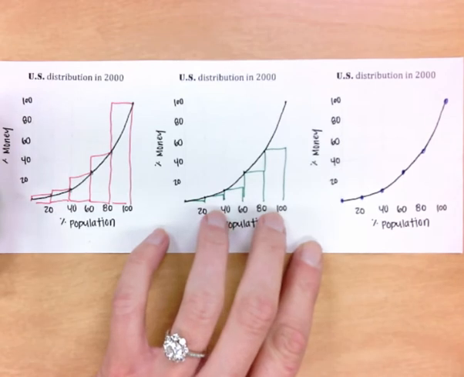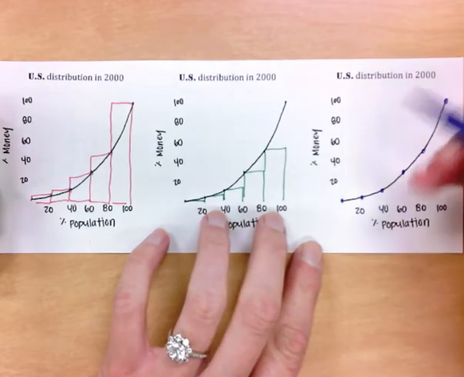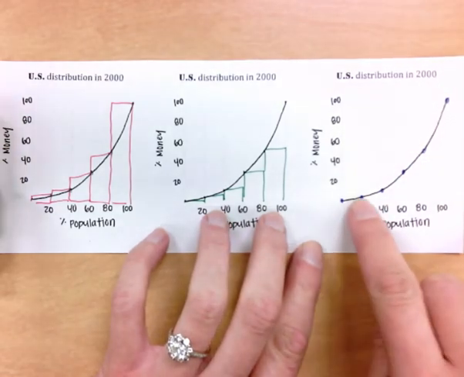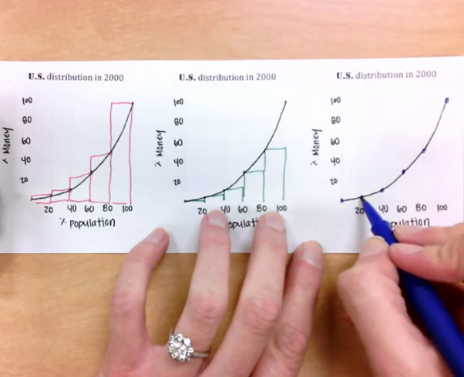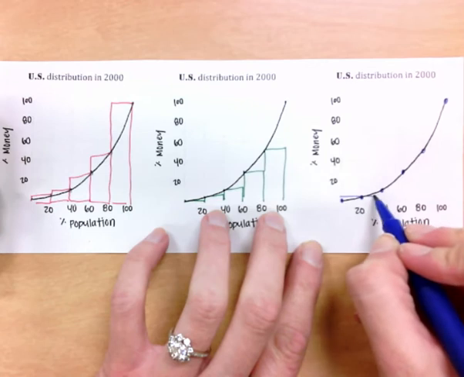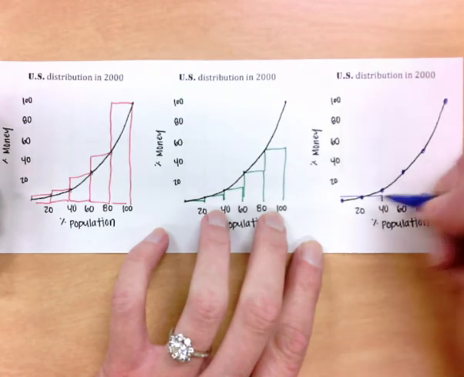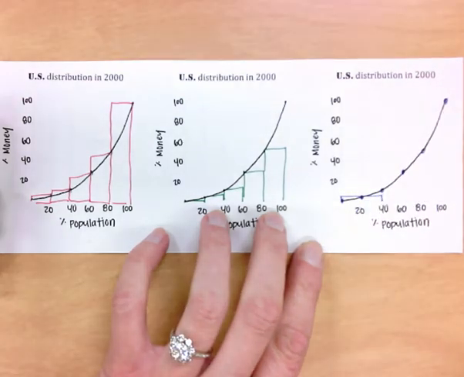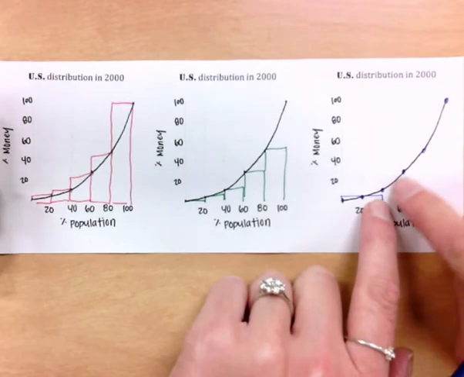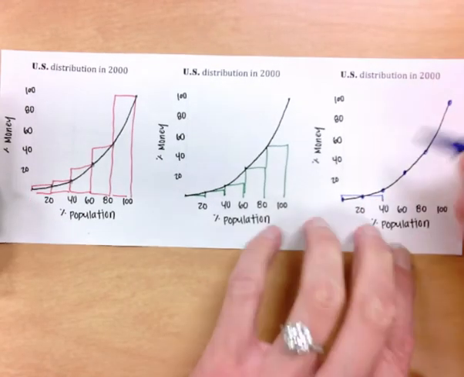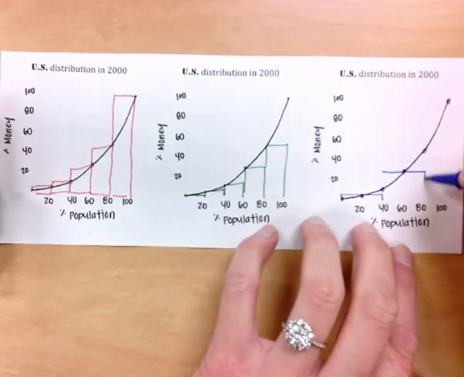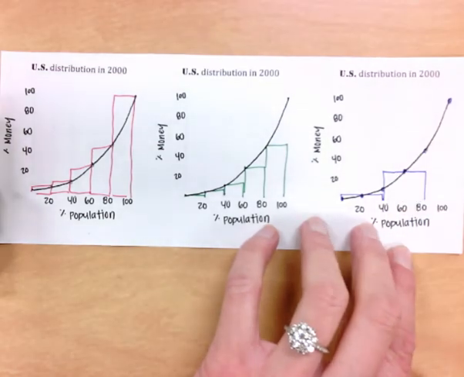In order to make a midpoint, I can make a rectangle from these three, and then this one at 20 would be my midpoint. So I'd make that the height, and that would be a rectangle. Then my next three would be these, so this one at 60 would be my midpoint. That would be my next rectangle.